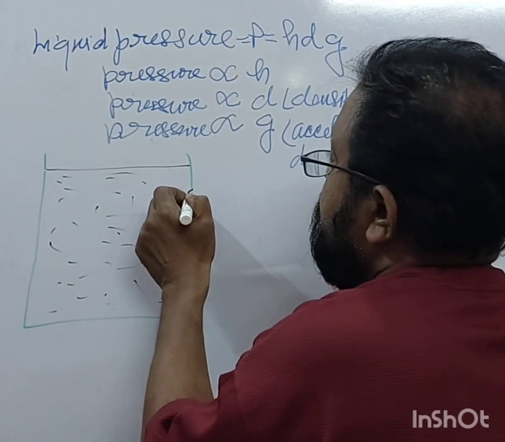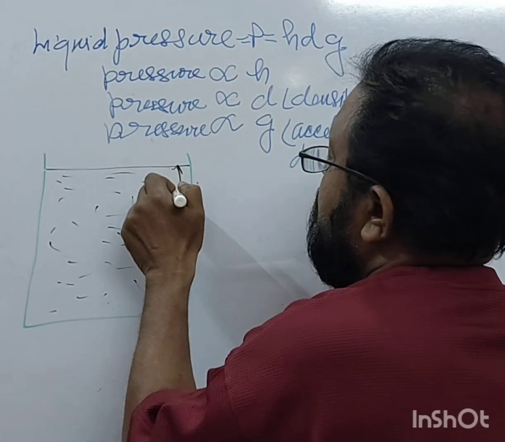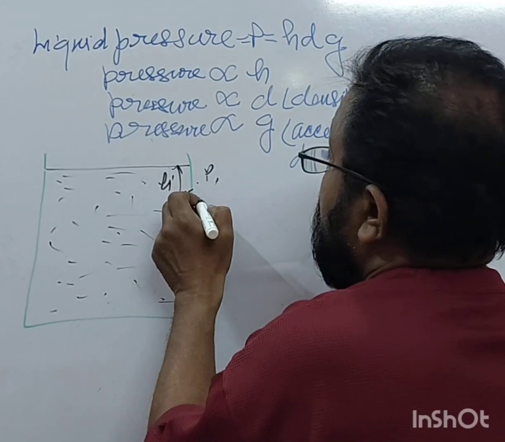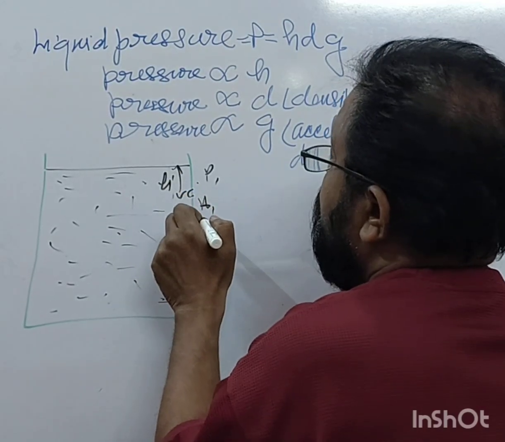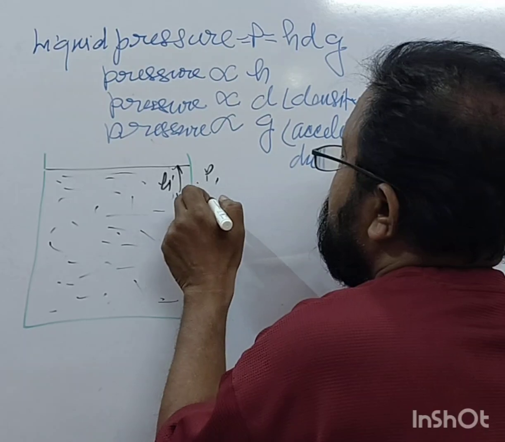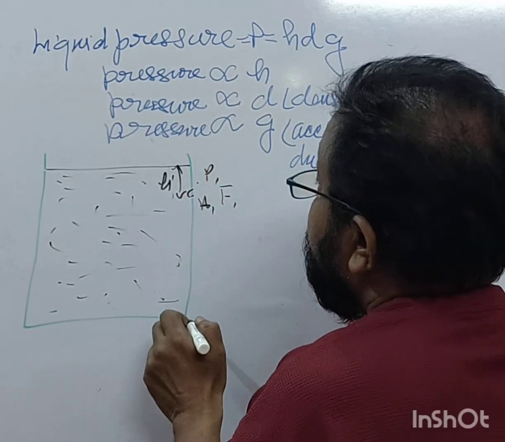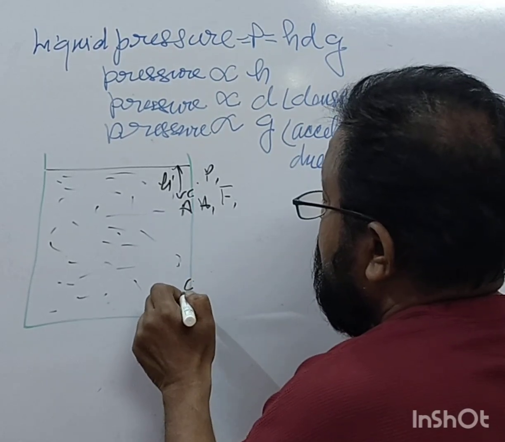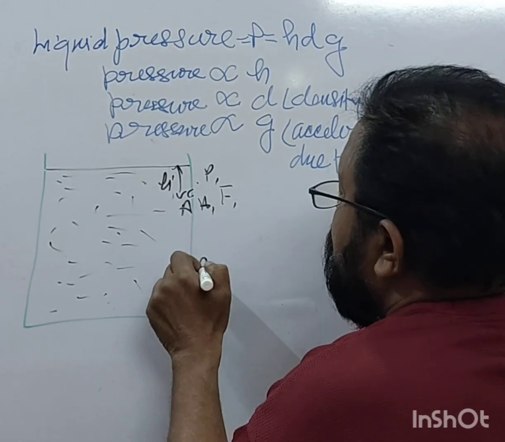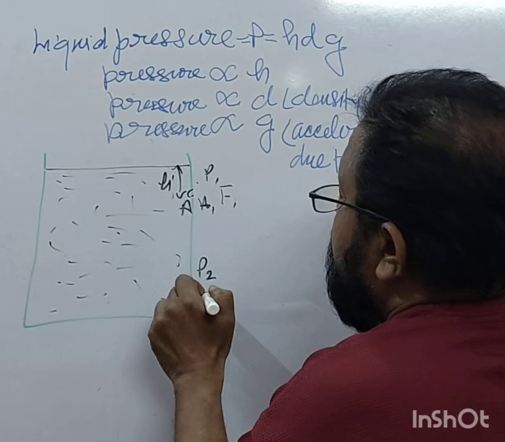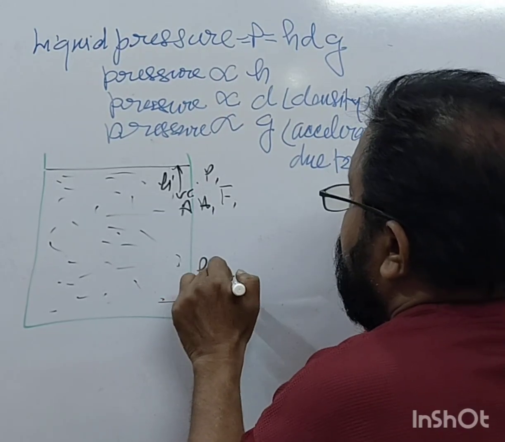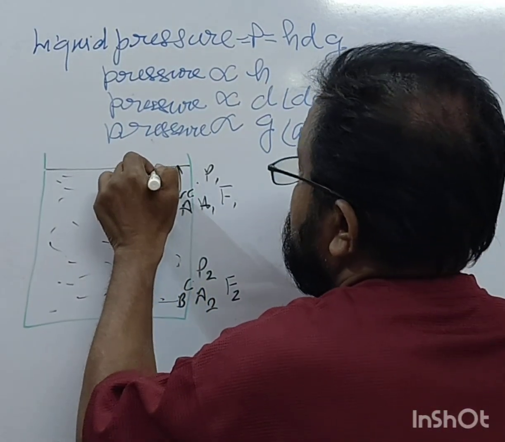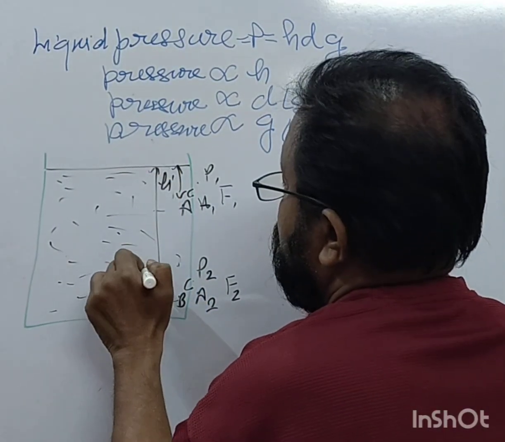So this height is h1, pressure is p1, area is a1, and force is f1, and this is point A. And we have another point B where pressure is p2, area is a2, force is f2, and height is h2.